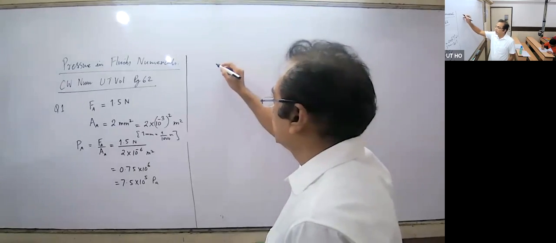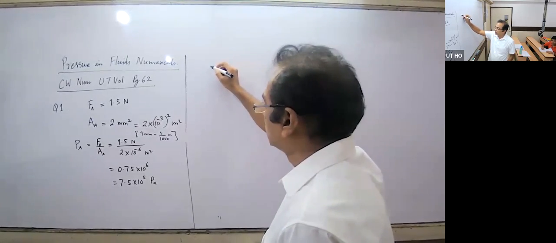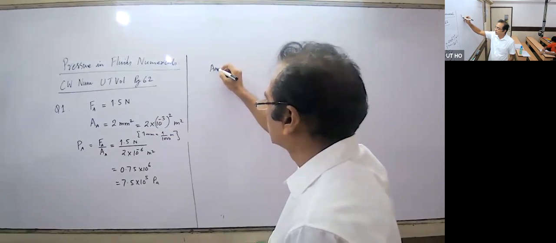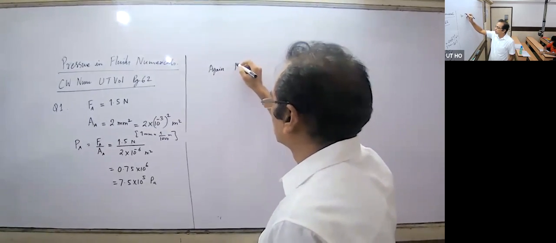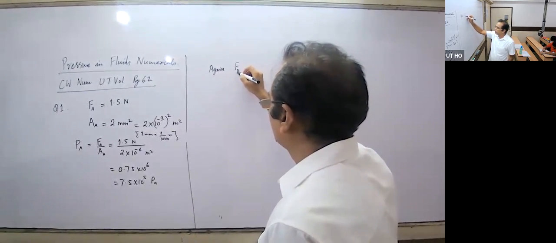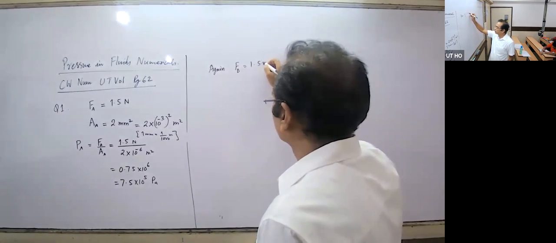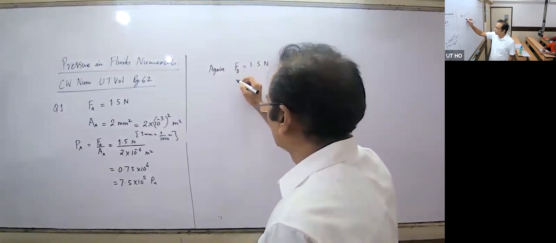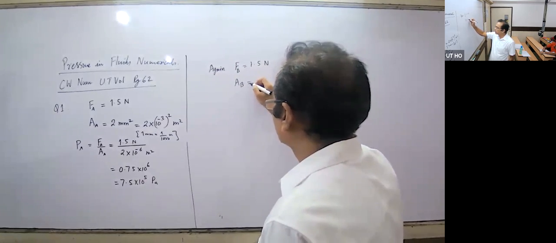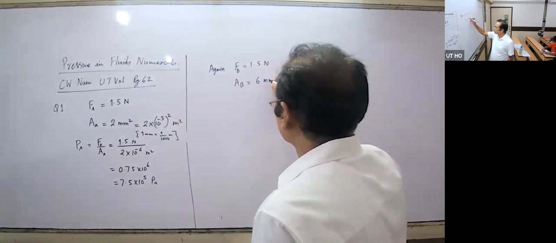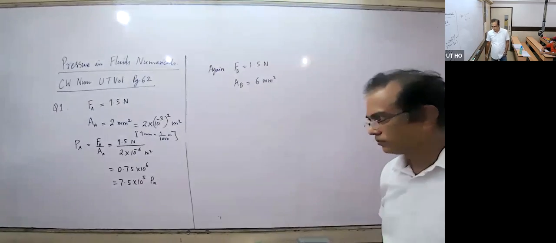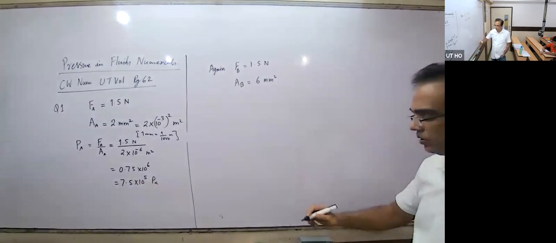Now for the second nail, nail B, again the thrust on nail B is the same, 1.5 Newton. And the area of nail B is 6 millimeters square. Okay.